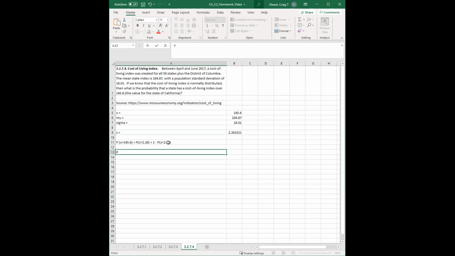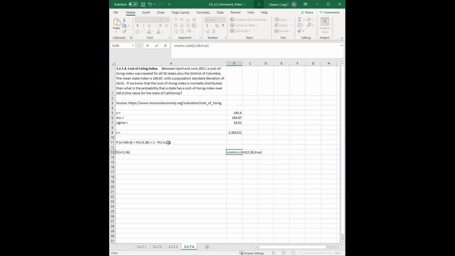We can find the probability that z is less than 2.26 by looking at the standard normal distribution table, or we can start using Excel formulas. There are two formulas. The first is norm.s.dist, which has you enter the z-score. So put equals norm.s.dist, open parenthesis, 2.26, comma, true, close parenthesis.